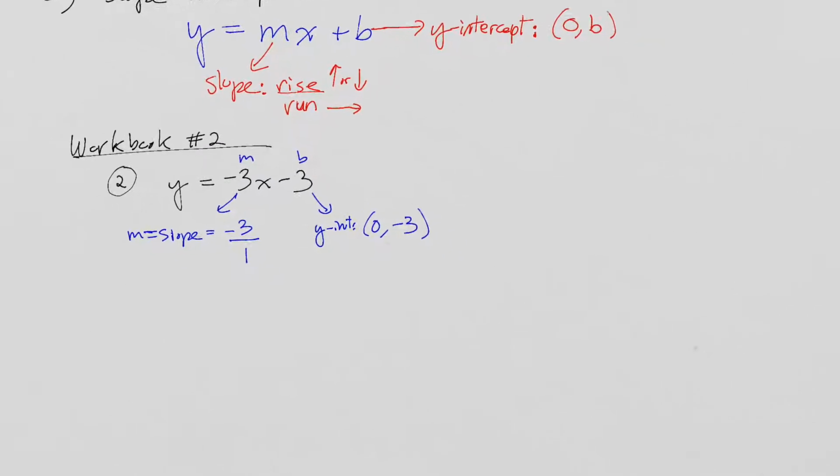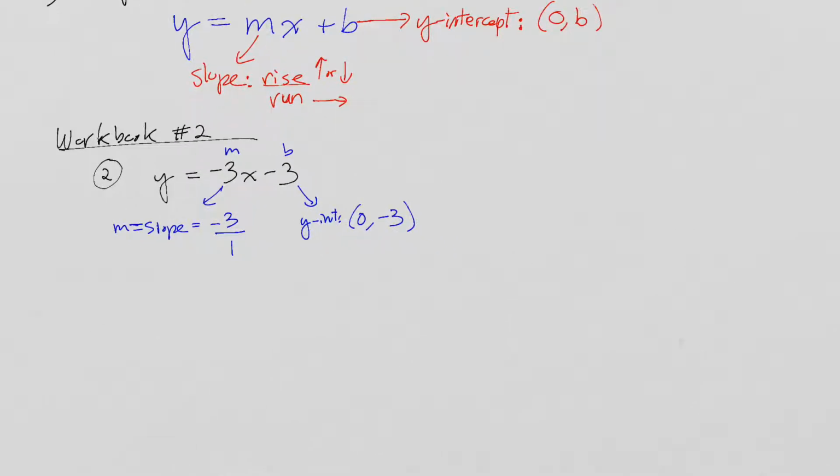So we can use those two pieces of information to graph. Let's go over here and just do a quick estimate. When you graph, you want to start here. So we're going to do 1, 2, 3. That's negative 3. And since this is negative, we're going to go down 3, and we're going to run to the right 1 unit.